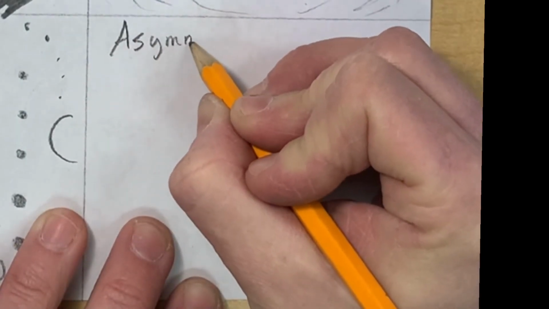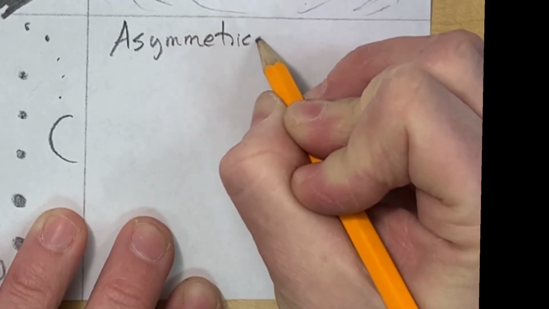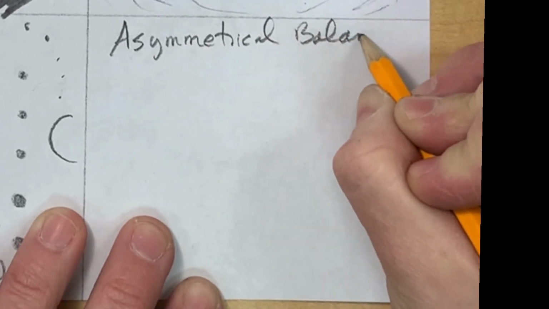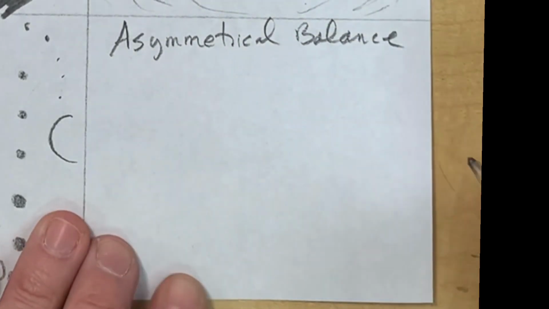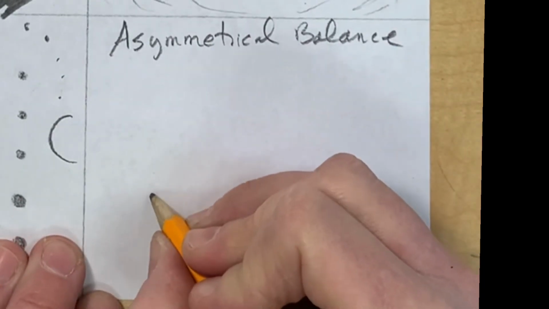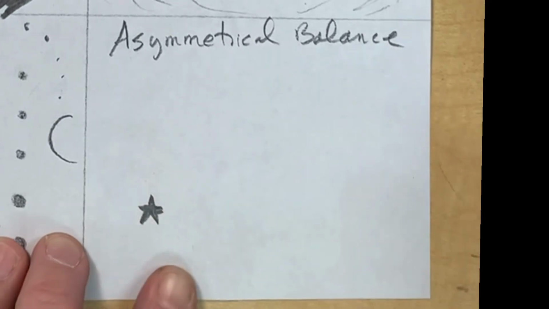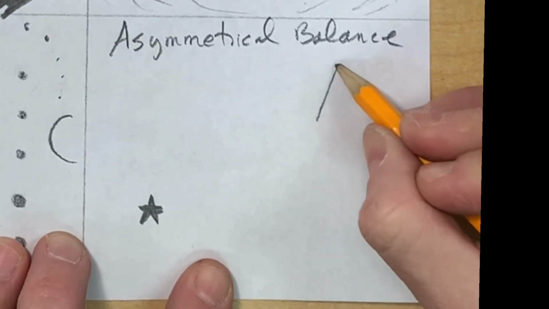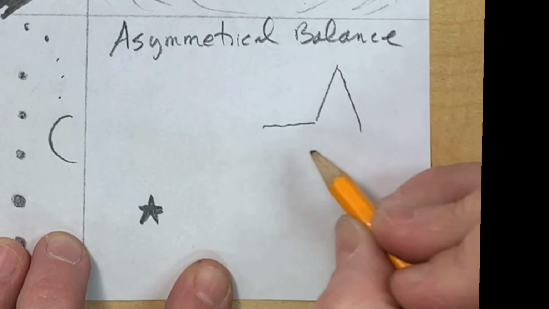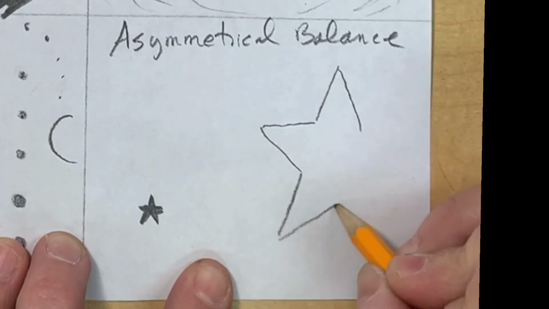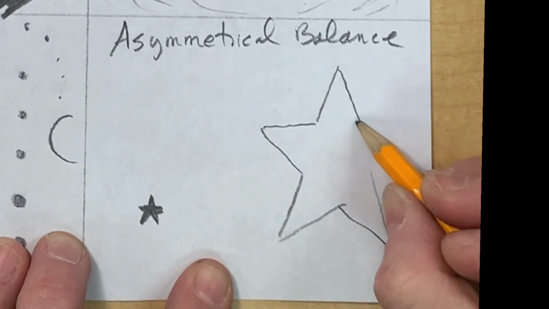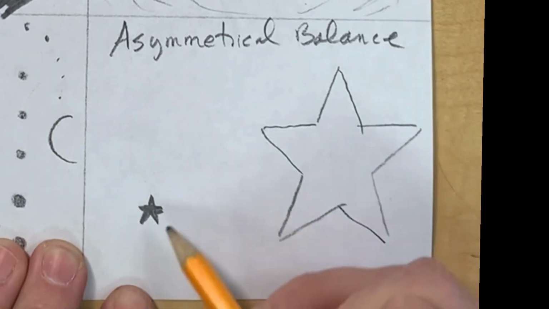Alrighty, the last one is asymmetrical balance. This is where things do not match on either side, but it feels like they are evenly weighted. When you look at it, you want it to feel like you're not pulled one way or the other. It feels even. So I have a really big shape and it's empty, it's white.